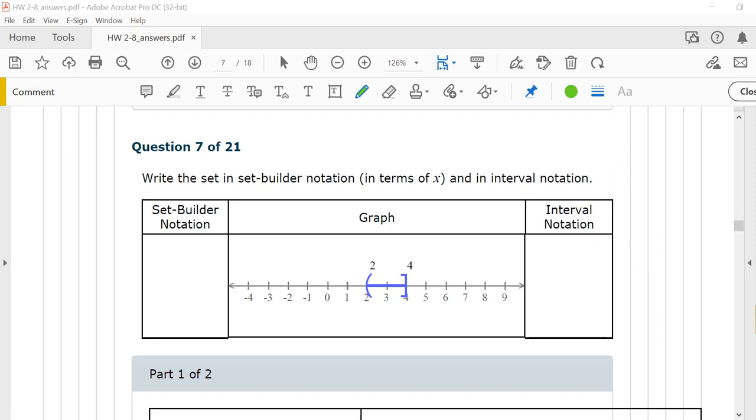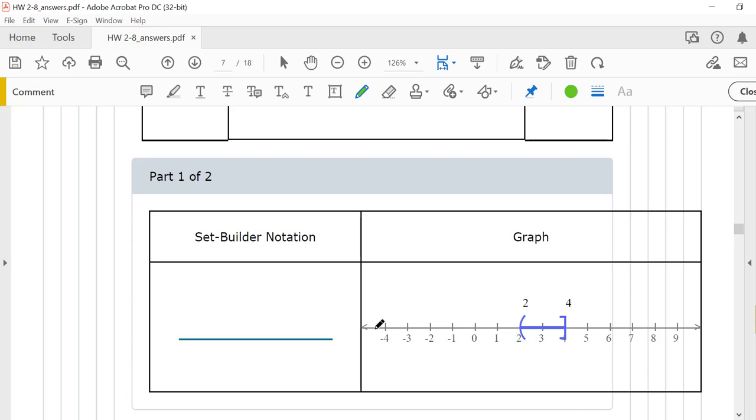Number 7, write set builder and interval notation for this little piece here. Okay, for set builder notation, I'm going to say it's all x's such that, and then I have, it's a parenthesis, so it's going to be 2 is less than x, bracket, so it's going to be less than or equal to 4.